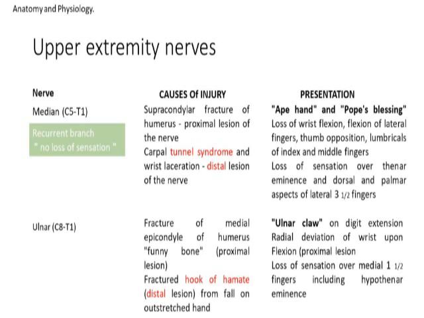Also here on the ulnar nerve, we get the same lesion. The clinical presentation of the ulnar nerve lesion is ulnar claw on digit extension, when we extend the digits, with radial deviation of the wrist upon flexion. In a proximal lesion, there is loss of sensation over the medial 1.5 fingers, including the hypothenar eminence.